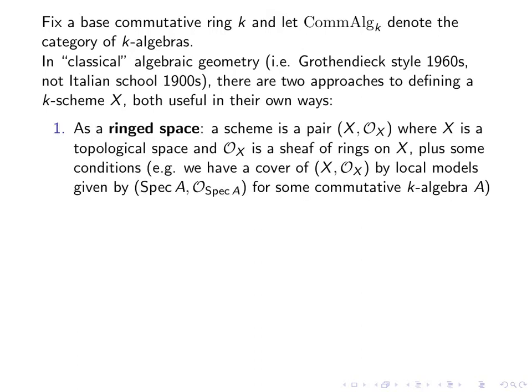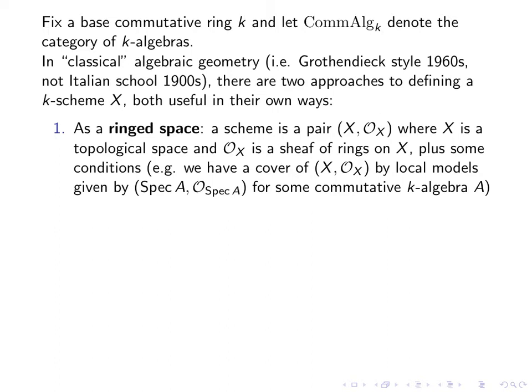So the first is we can think of a scheme as a ringed space. That is a pair X along with a sheaf of rings OX. So X is a topological space, and OX is a sheaf of rings on X. And then plus some conditions.